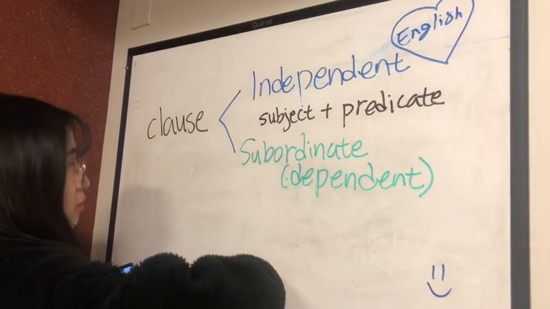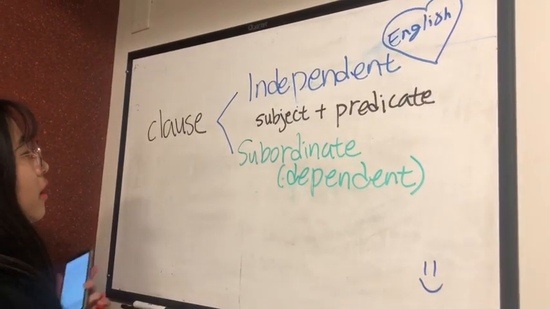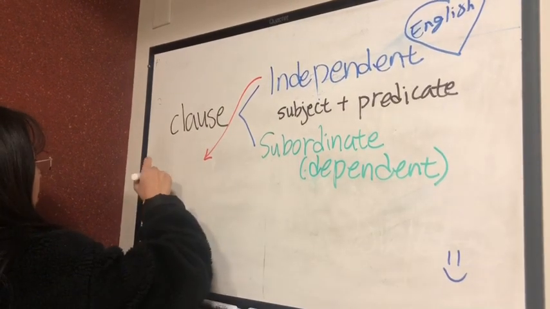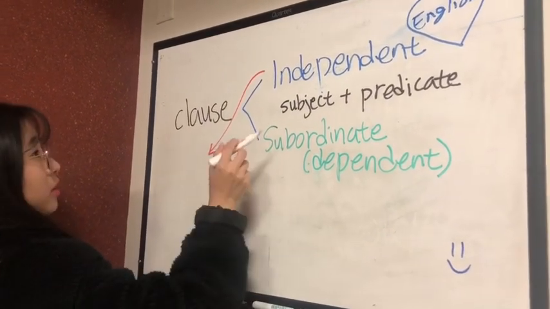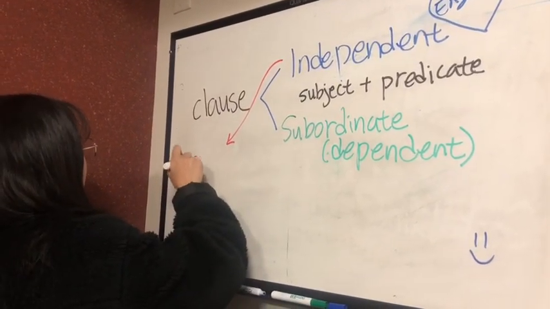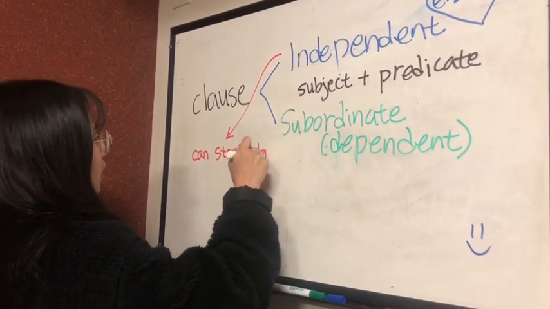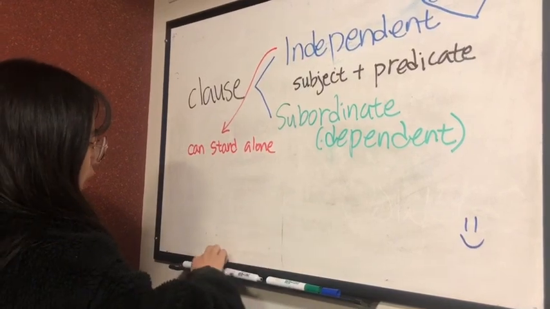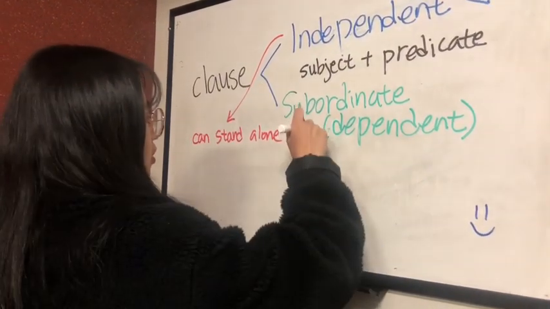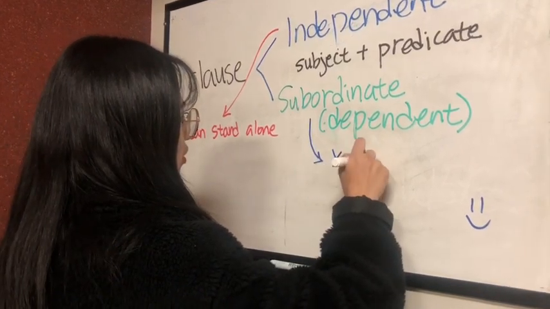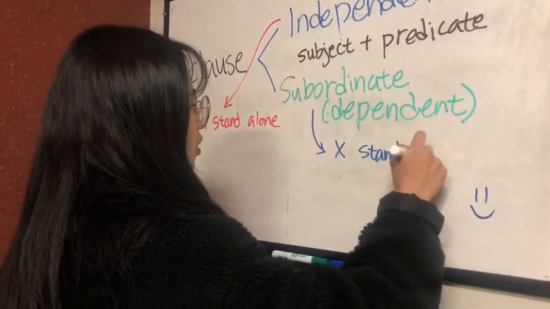But the difference between them is that an independent clause can stand alone, while a subordinate clause cannot stand alone.